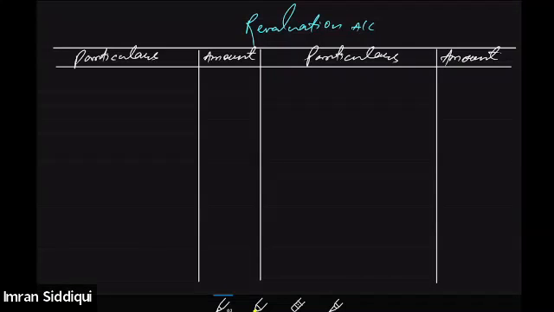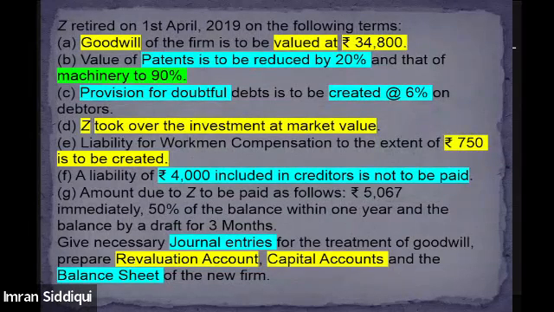All right, so patent reduced by 2,000. We will be recording this on the debit side, patents. Zainab, is that clear to you? Yes, sir.